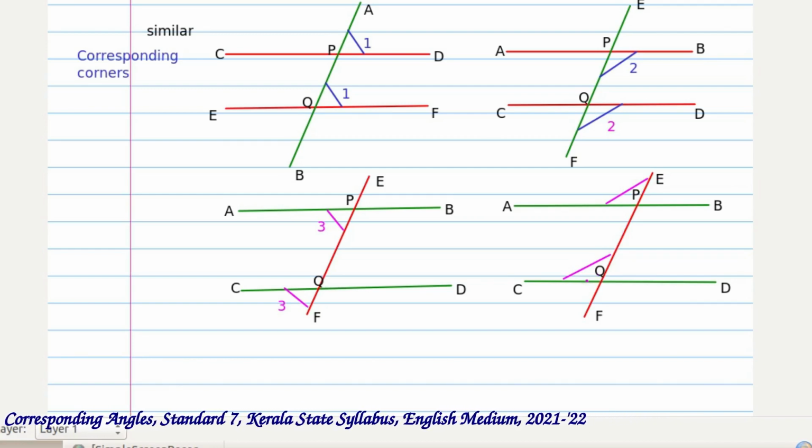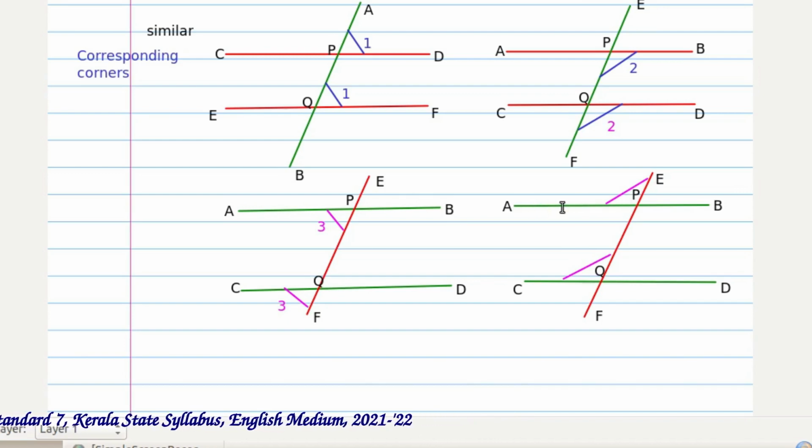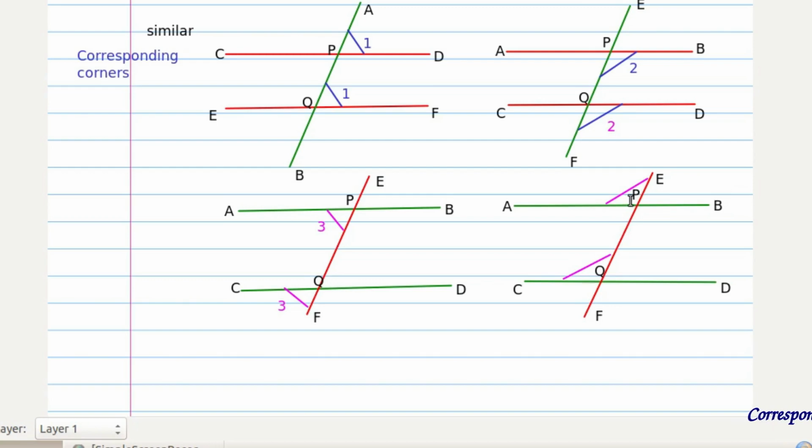These two angles are in similar positions. This angle is above AB and left of FE, and a similar position here also, above CD and left of FE. So these two angles are in corresponding corners, or in matching corners. So these two are pair of corresponding angles number 4. I write here number 4.